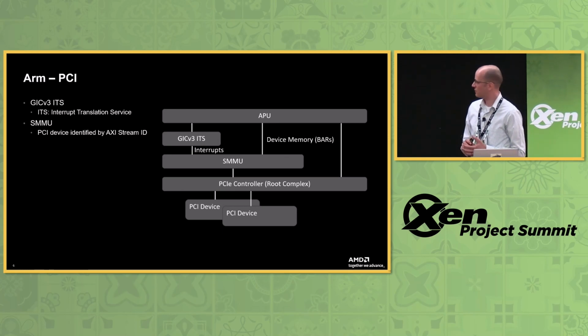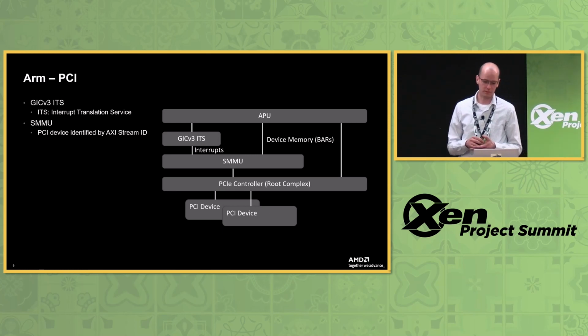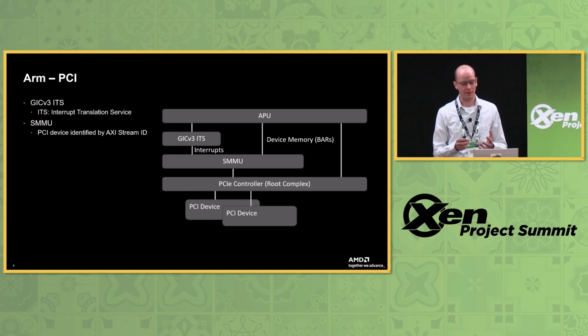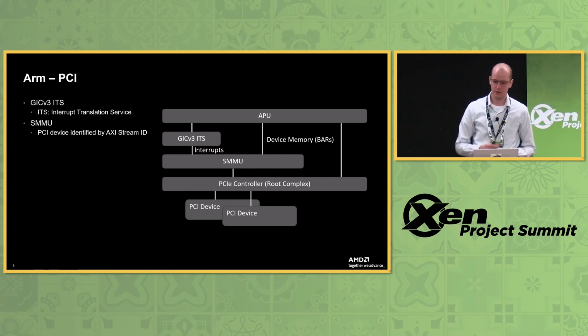So how does PCI generally work on ARM? We have some ARM hardware to help us with this, including the PCIe controller or root complex. I think of this as basically a PCI to AXI converter. PCI is memory-based, AXI is the ARM memory bus.